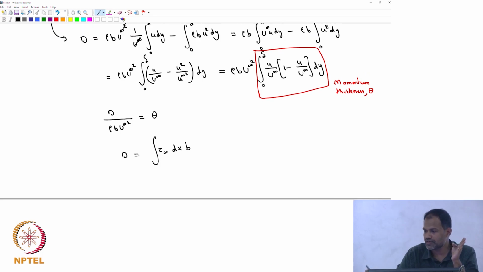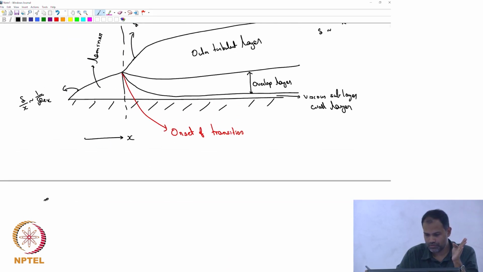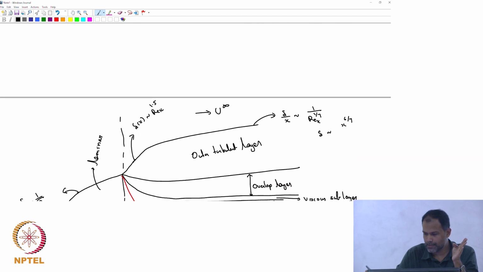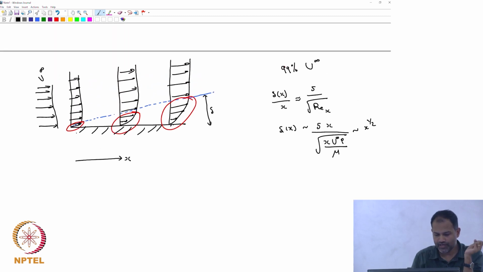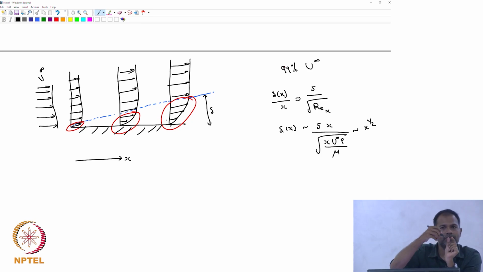As we saw earlier, if you look at the first, second, third and so on, the fluid slope is going to be different. So the shear stress is going to be a function of x. Shear stress will not be a constant along x. So if I take a small area of length dx and width b, so it's b dx, and then on that tau w is acting.